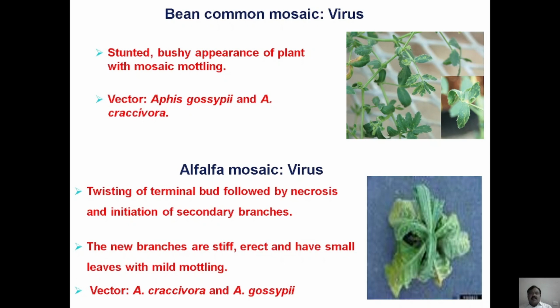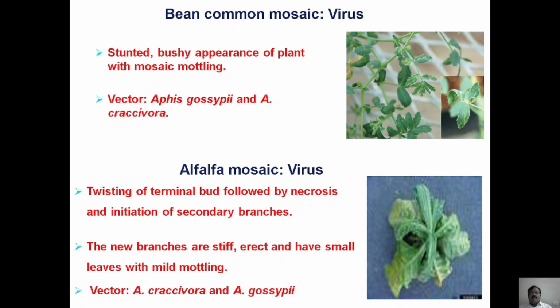Besides, in the case of bean common mosaic virus infection on chickpea, it produces a mosaic mottling pattern on the surface of young leaves. And this bean common mosaic virus is transmitted by the insect vector Aphis gossypii or Aphis craccivora.